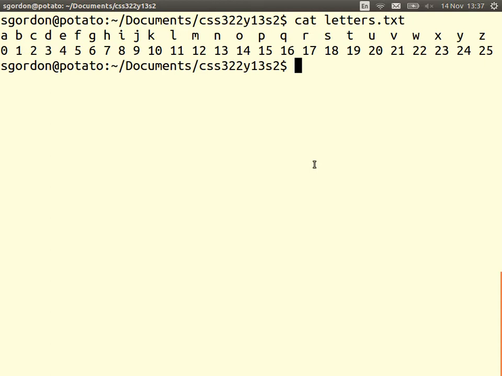Where the equation, it's on the slide, is C equals P plus K mod, I'll write the full mod 26. What's the first ciphertext letter?